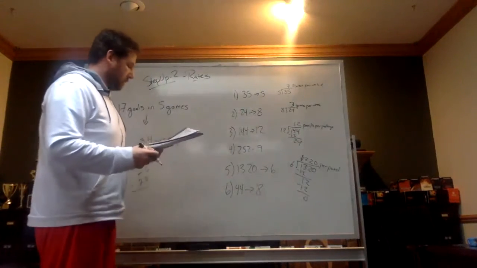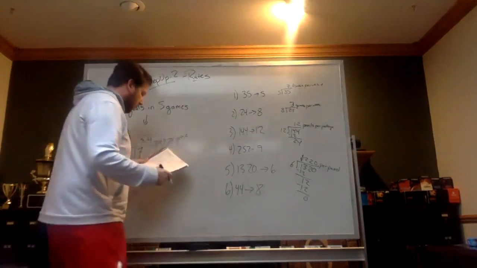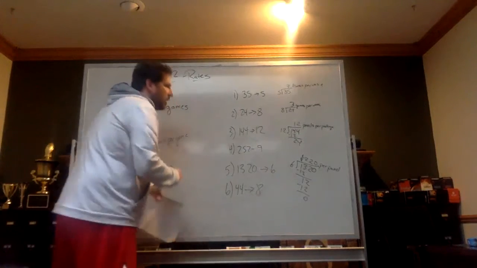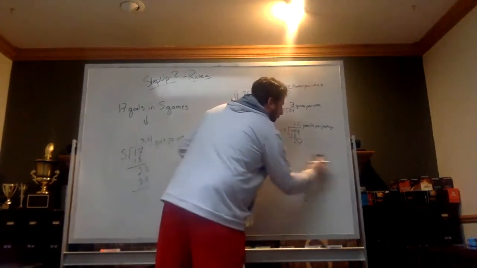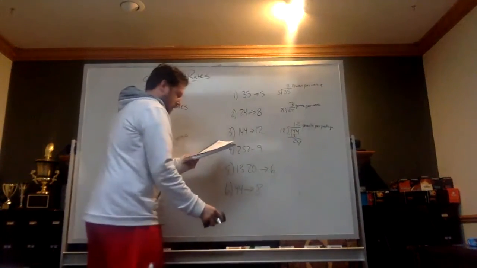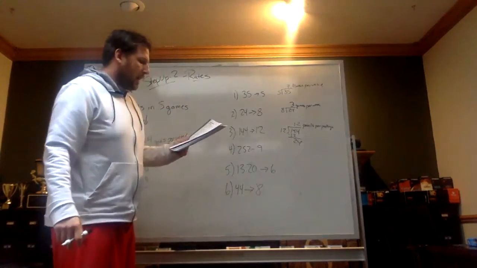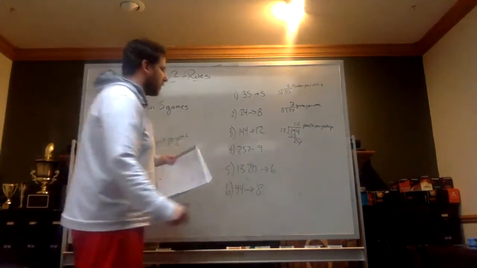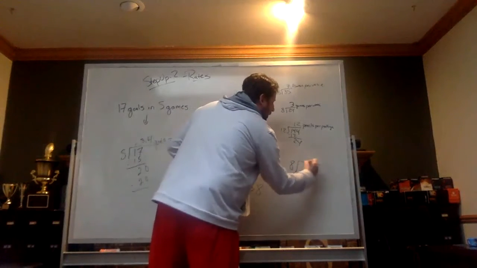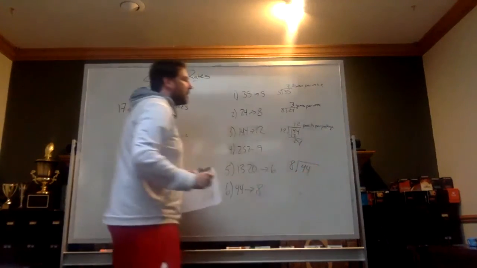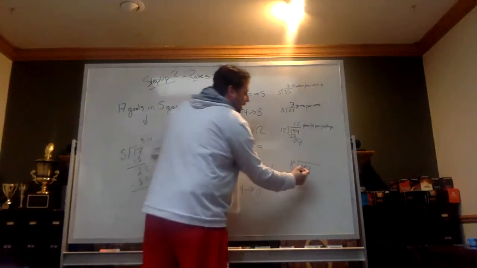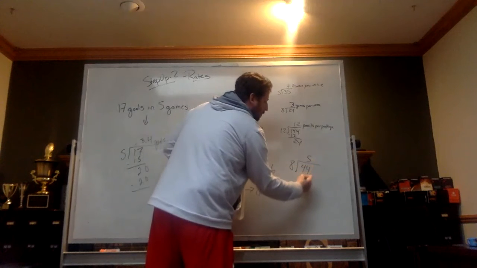Number 6, 44 minutes and 8 pages. Say you're writing a story, and you wrote 8 pages in 44 minutes. So we're going to see how many pages per minute. 8 goes into 44 5 times.